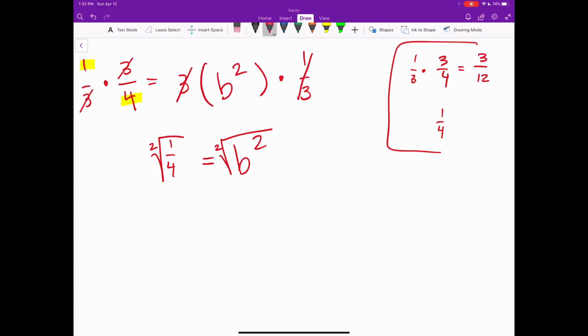You could plug this into your calculator, or you could think about it. Square root of 1 is just 1, and square root of 4 is just 2, so 1/2 has to be my b value. My square root and my square cancel each other out, so I just have b equals 1/2.